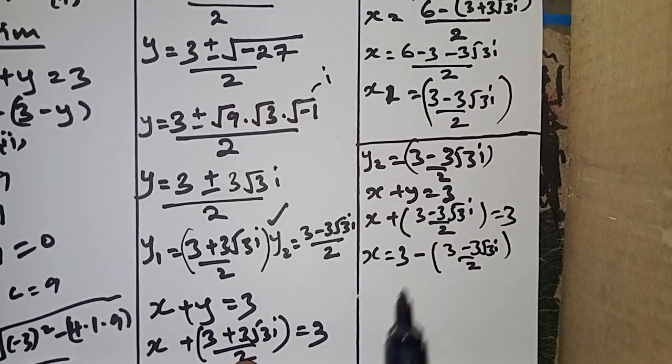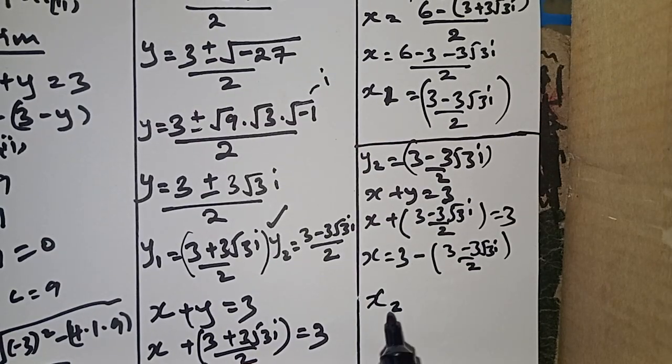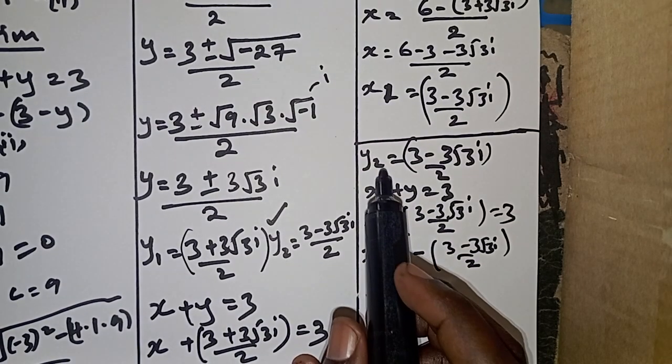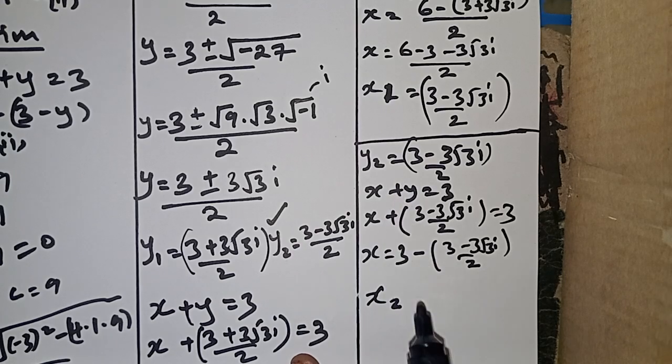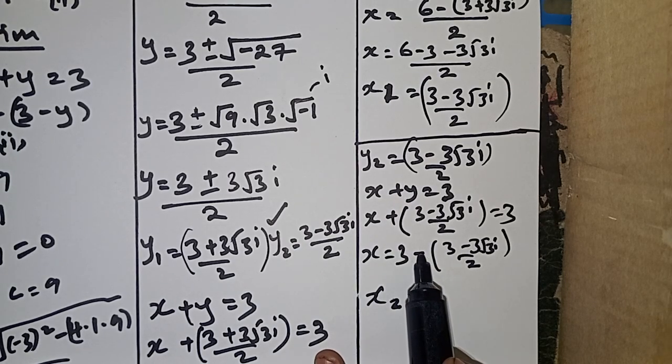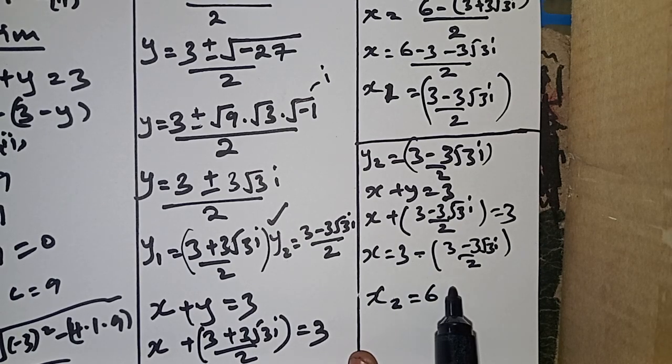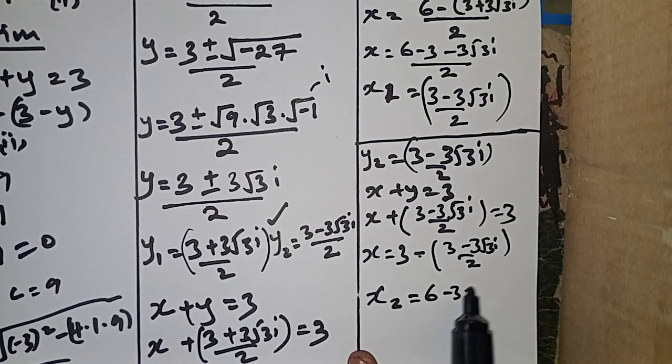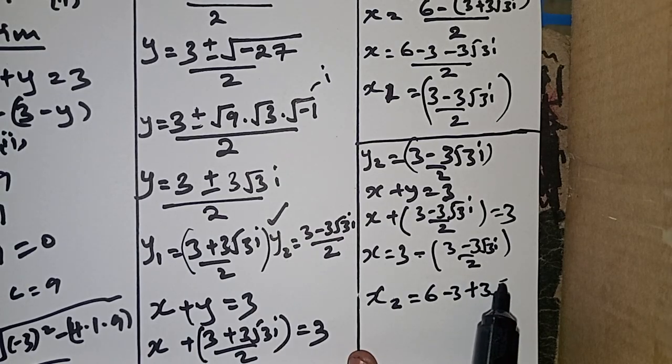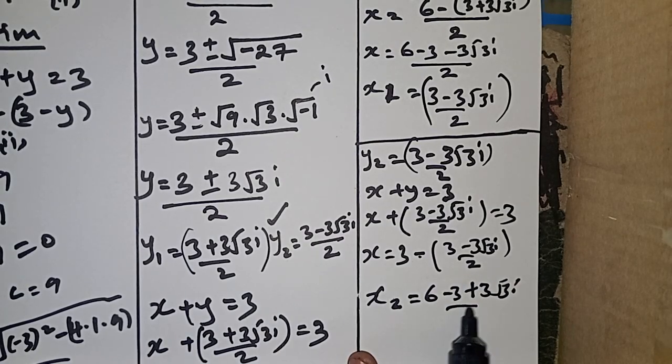Opening the bracket and simplifying, the second value x2 for the corresponding y2 will become 6 minus 3 plus 3 root 3 i over 2.